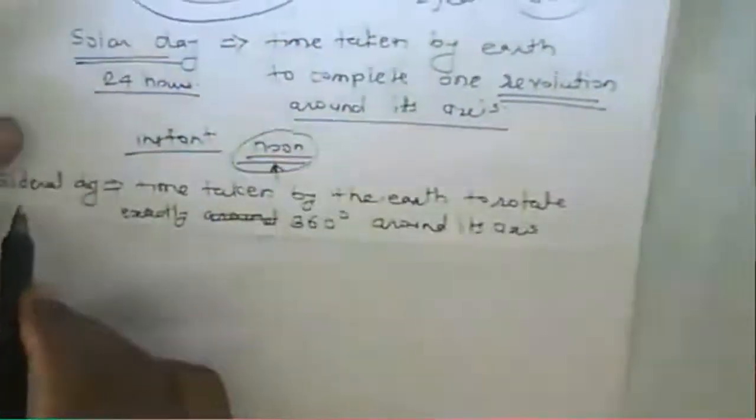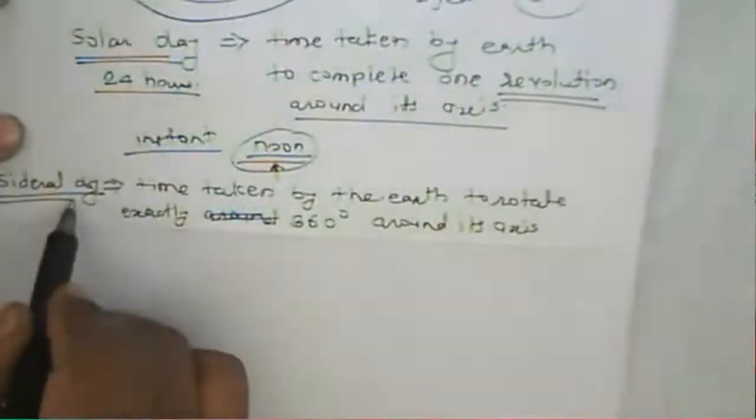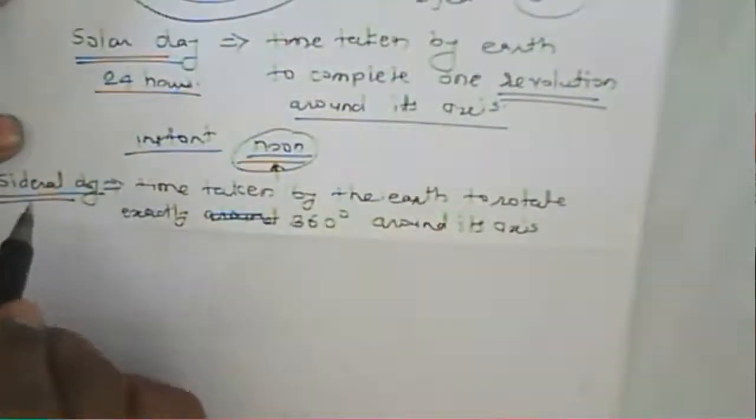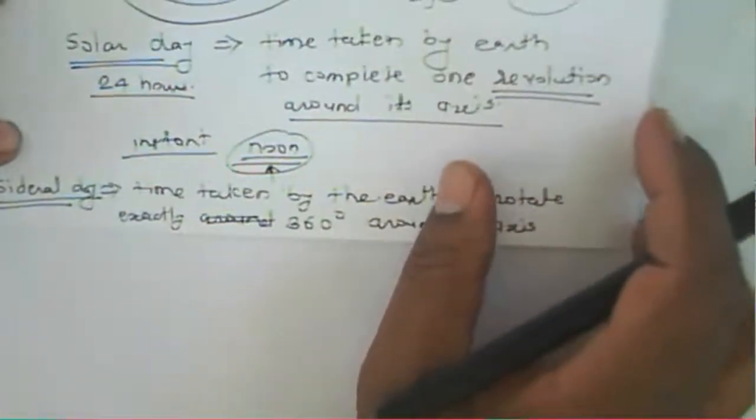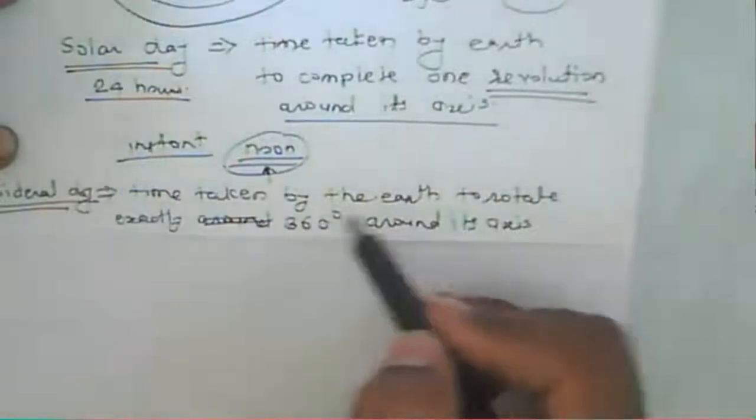Now then, this sidereal day is to be measured with a particular reference point, and that reference point is a distant star, and that is used to calculate whatever time we have.